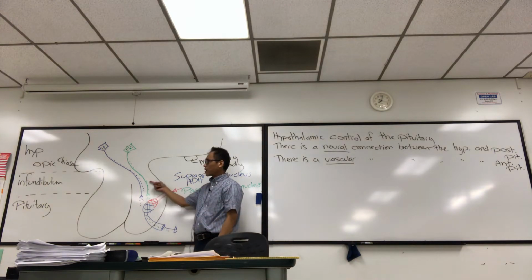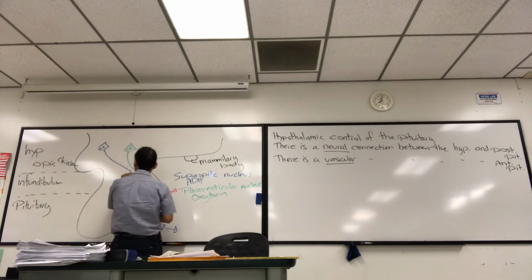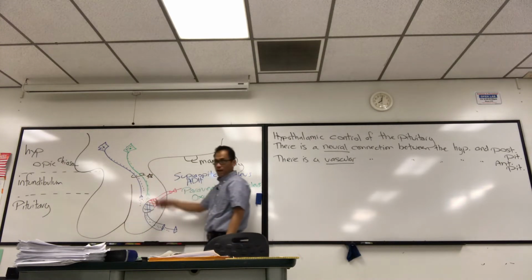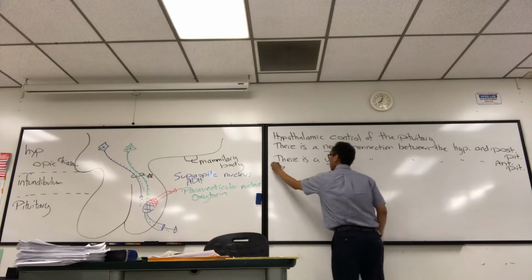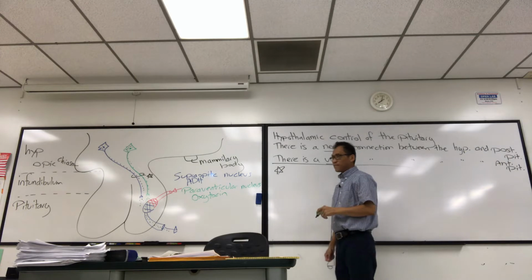It's a tract of axons. Put a little lasso around it. There's a name for that. It's called the hypothalamic hypophyseal tract.